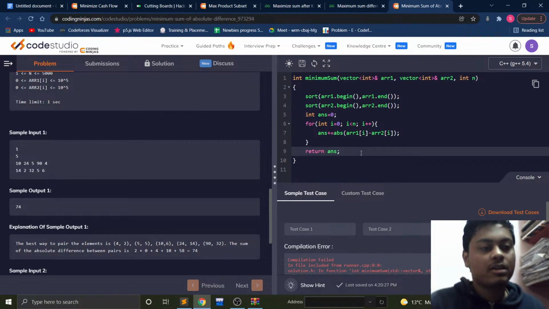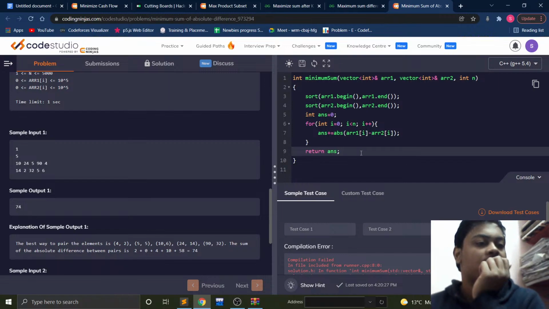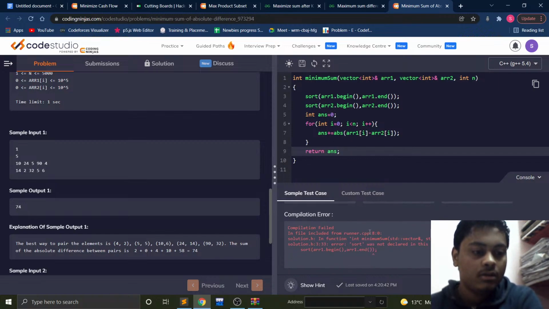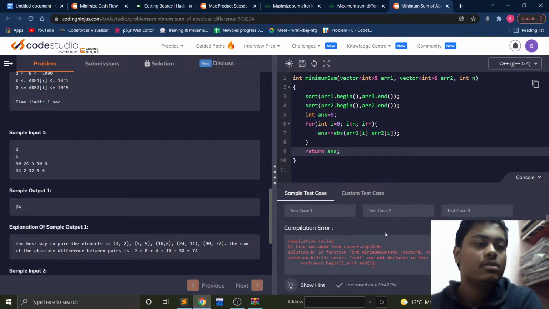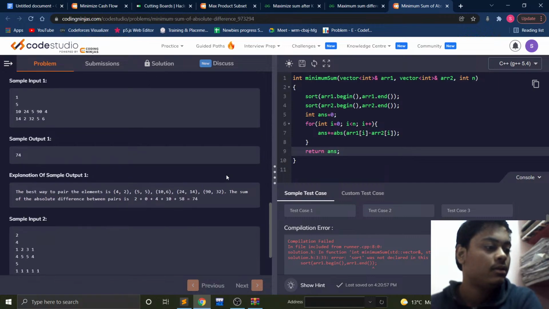Why do I get a compilation error now? Array 1 dot begin, array 1 dot end, array 2 dot begin, array 2 dot end. Answer equals 0. Array 1 I, array 2 I. Answer plus equals absolute value, and return answer. What is not defined? Sort was not defined in the scope.